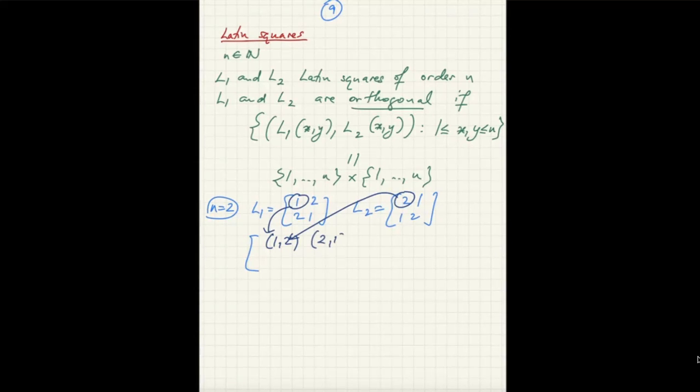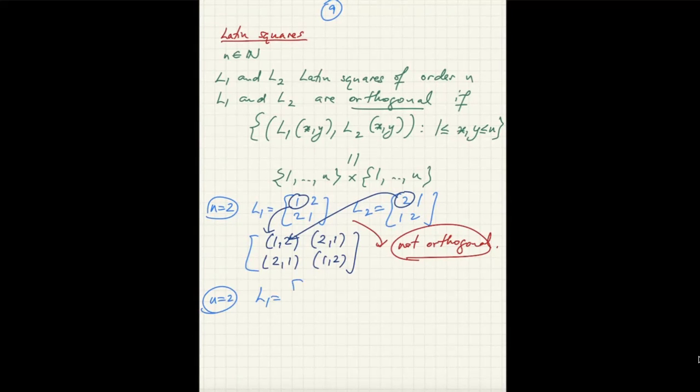And then we see 2, 1, 2, 1, 1, 2. So that implies that these two are not orthogonal, because we actually have repeats. We see 1, 2 twice and 2, 1 twice.